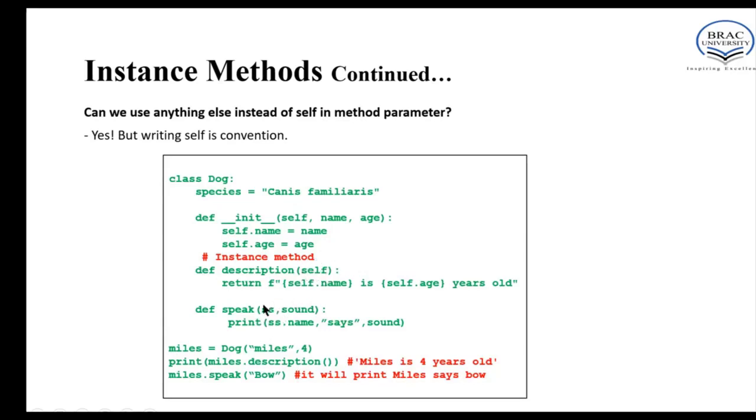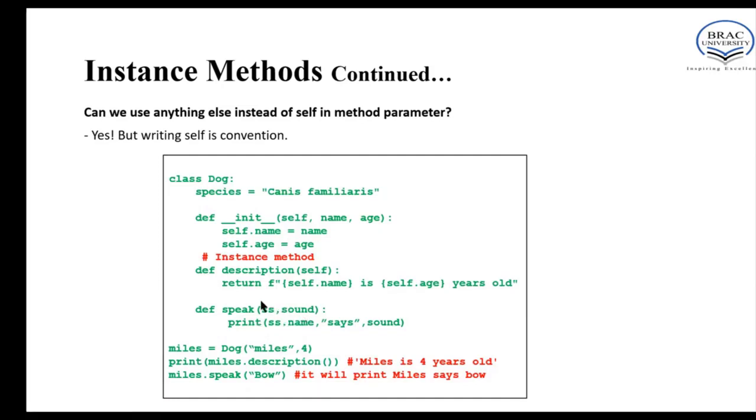Then if you want to access the attributes of your class, you can write ss.name, where ss carries the address of your object and .name is the instance attribute, and it is a string, and then sound is also a parameter. This is a variable. So instead of writing self, you can write anything here, but this is not the convention.